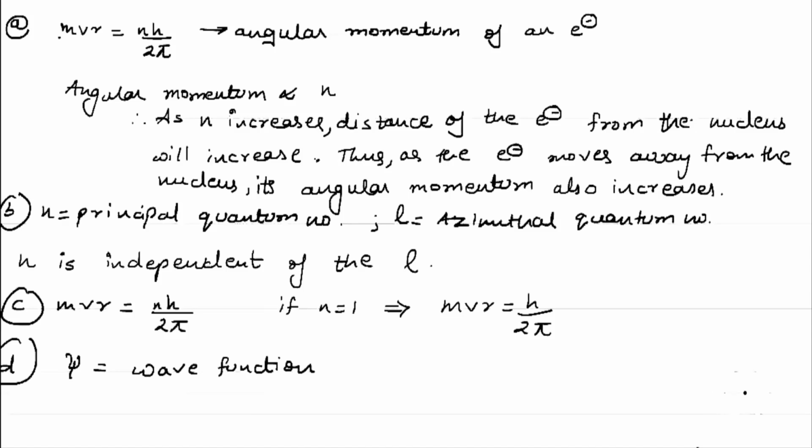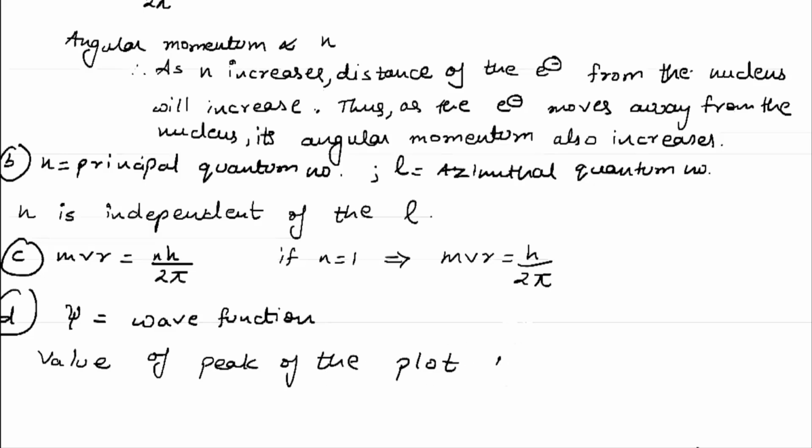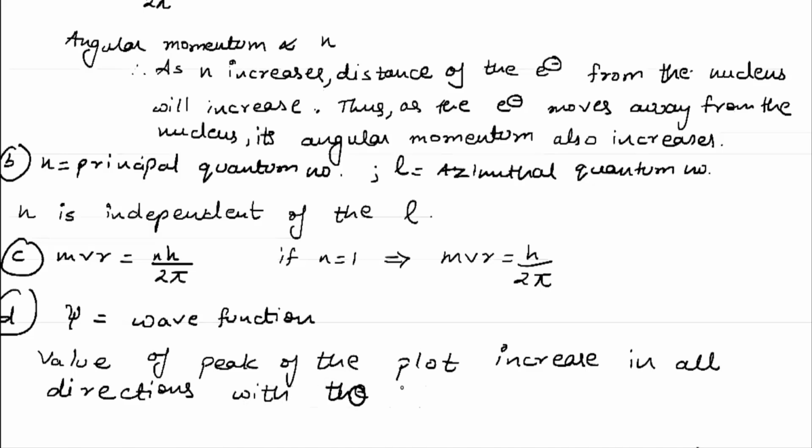The value of the peak of the plot for various azimuthal quantum numbers will always increase in all directions with the value of n.